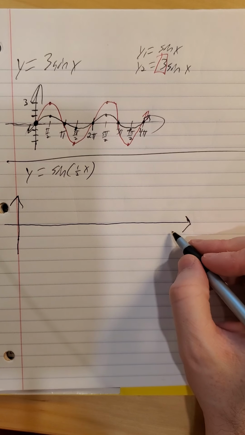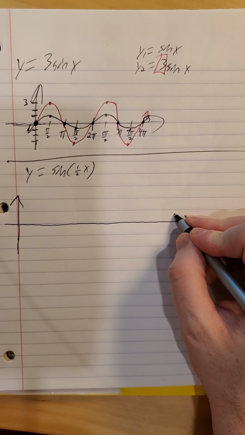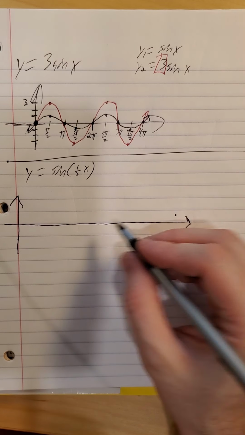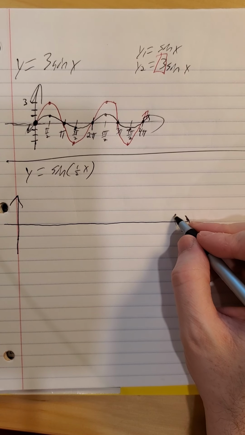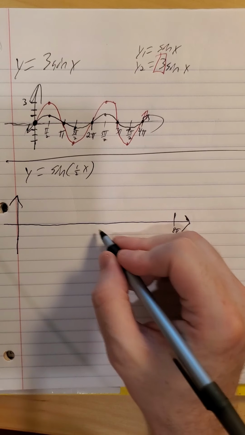Alright, so we're eventually going to want 2 cycles out of this, so we'll make that guy our 8 pi.